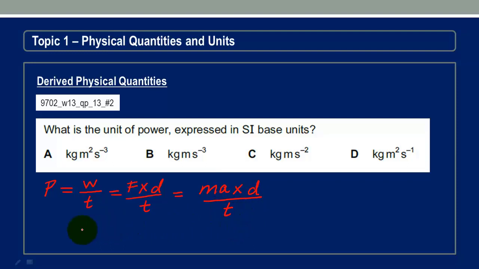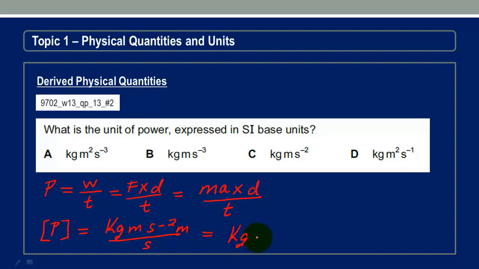At this point, we can see that the units of power, put it in square brackets like this, is the unit of mass, which is kilograms. The base unit of acceleration is meters per second squared. Base units of distance, which is the length, is meters, and time is in seconds. This gives us kilograms.